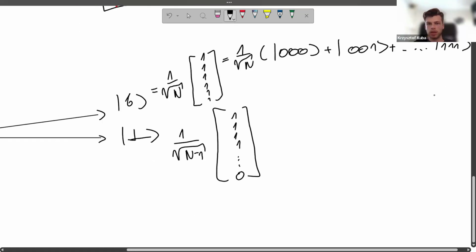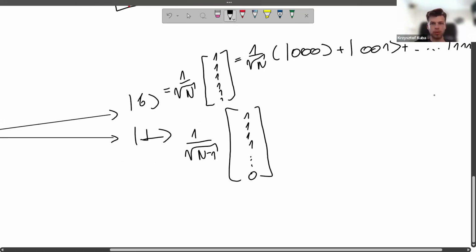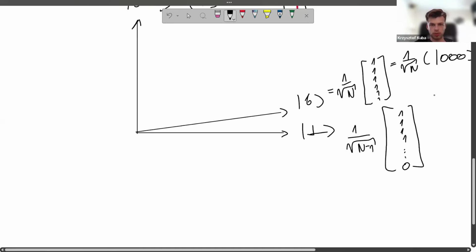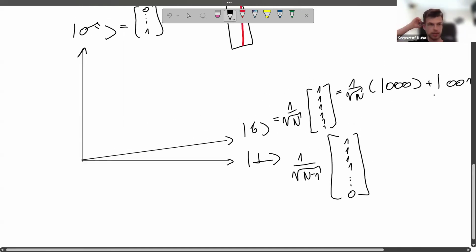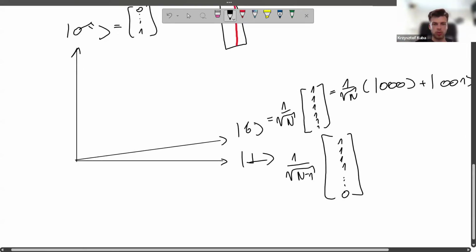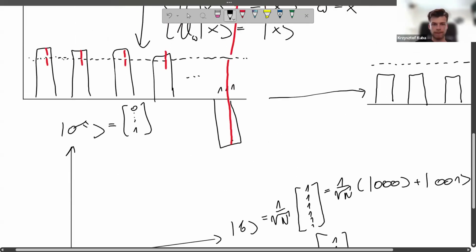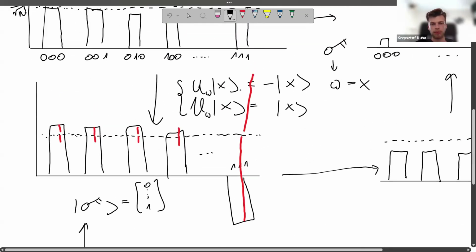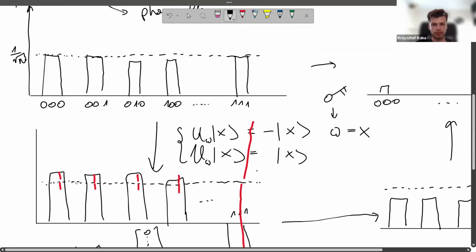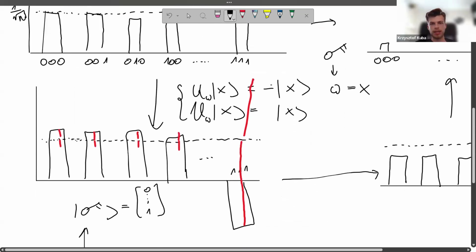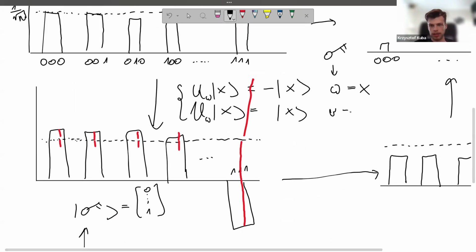Okay, so with that being said, we can first implement a reversion, a phase flip. The state we're looking for is getting a minus sign.